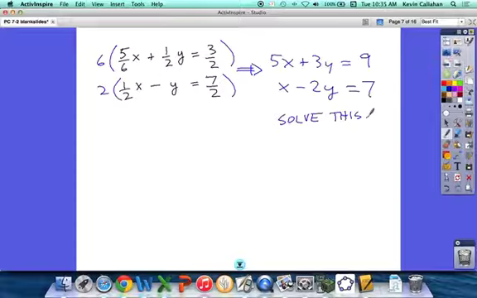And so note, you don't have to multiply each equation by the same thing. We're picking the right number for each individual equation. As long as you're multiplying all terms on both sides of the equation by that same thing, that's okay. But these numbers are almost always going to be different.